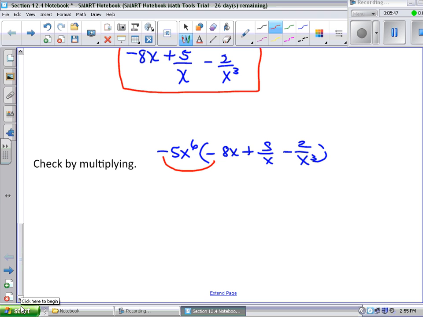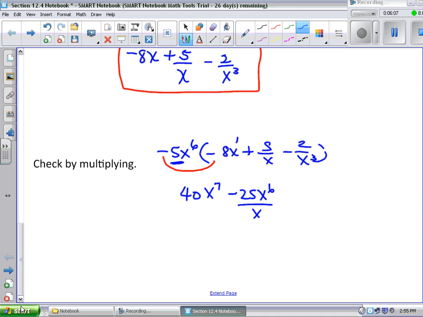Negative 5 times negative 8 is positive 40, and x to the 6 times x to the 1 is x to the 7. Negative 5 times 5 over x would give us negative 25x to the 6th over x, which I'll have to reduce.